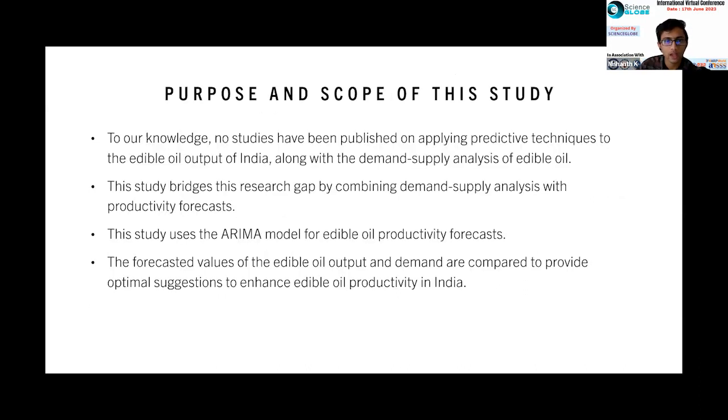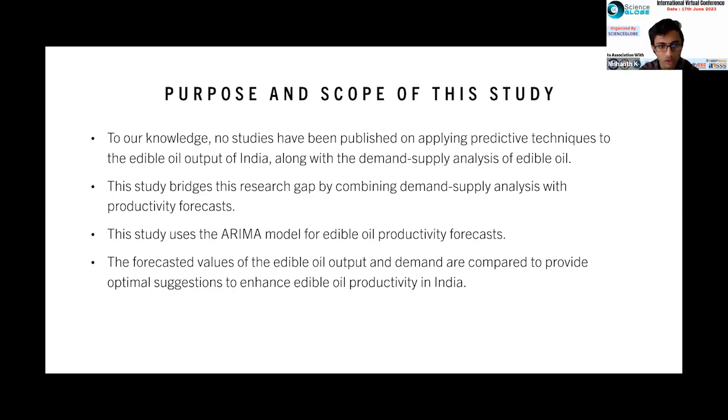And yeah, so the purpose and scope of this study: we have seen that the previous studies were limited to only descriptive analysis. So this study bridges that gap by applying predictive analysis techniques to forecast the edible oil production in India. And we combine this with the demand supply analysis of the oil.